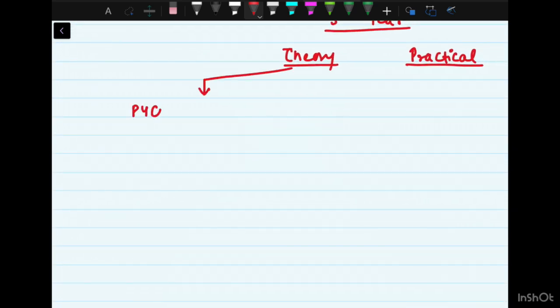In theory, the approach can either be that you try to do the previous year questions directly year wise, or you can segregate them into systems. The benefit of segregating them into systems is that if you're dealing with one type of question of a particular system, the same type of question has more propensity of being remembered.